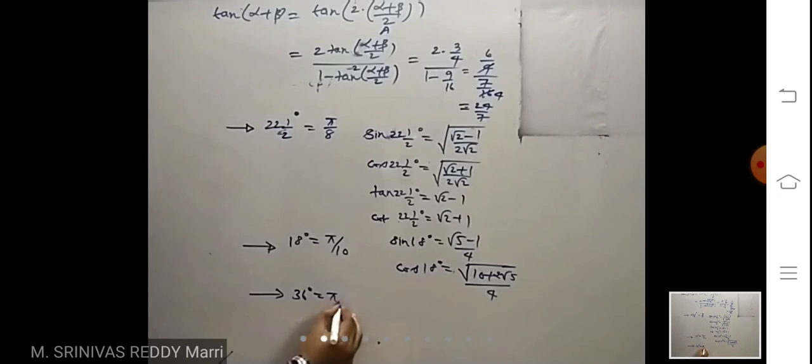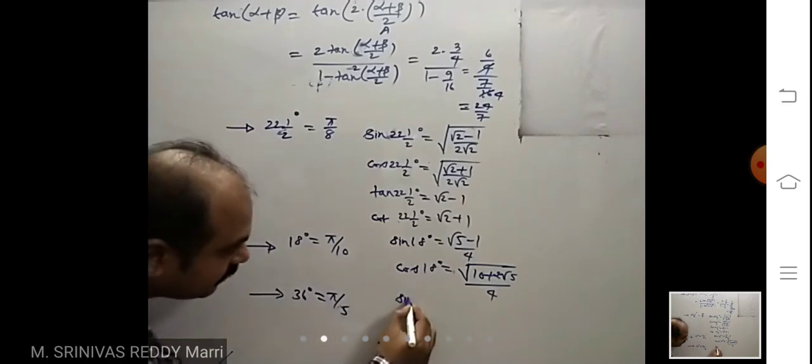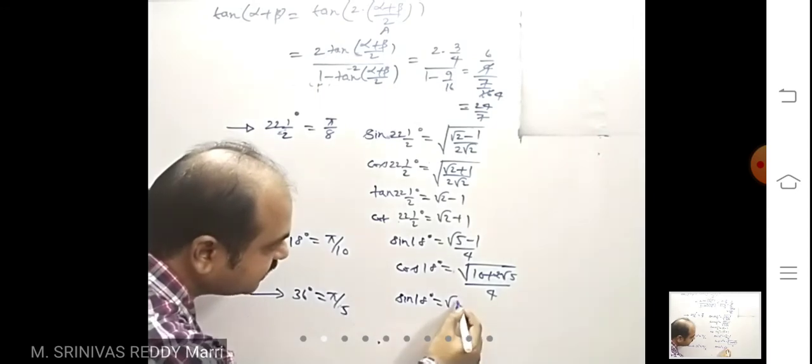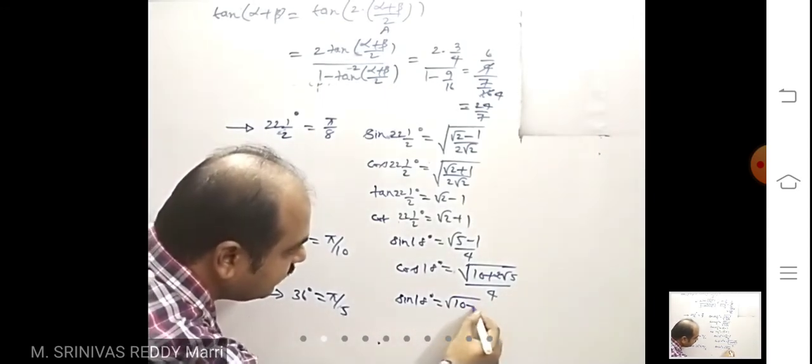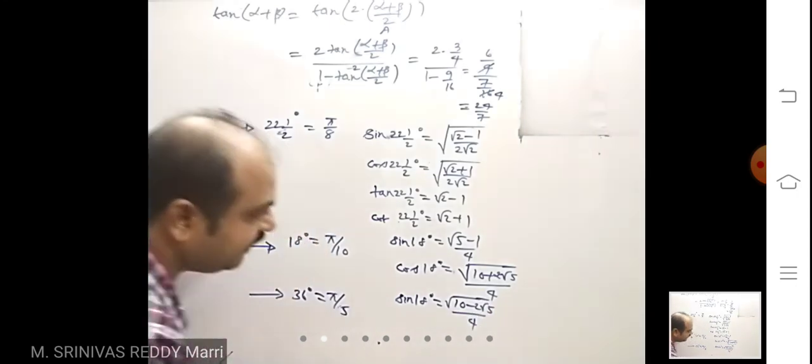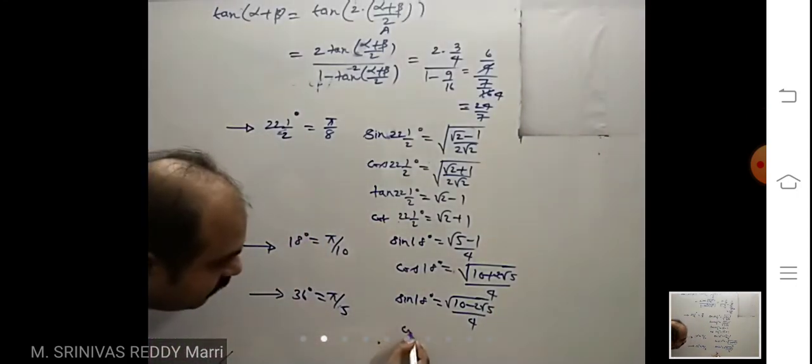Similarly, 36 degree is pi by 5. Look, 180 divided by 5 means 36. These are also known values from now onwards. Sine 36 degree is nothing but root of 10 minus 2 root 5 divided by 4.